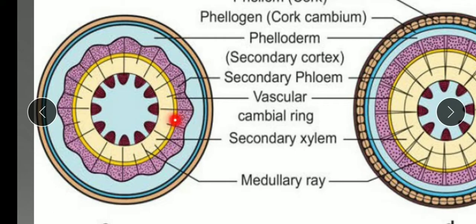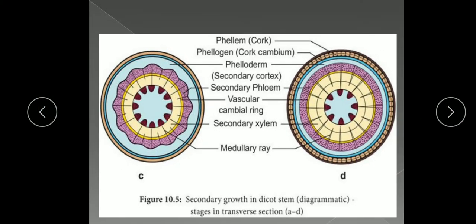Due to the growth of all these tissues, pressure is exerted on the endodermis, and the endodermis is pushed outside, and the phloem is also pushed towards the endodermis. Eventually the primary phloem is crushed and present in isolated patches. So the primary phloem is pushed outside, and the secondary xylem is inner to it. In this manner, secondary xylem and secondary phloem are formed.